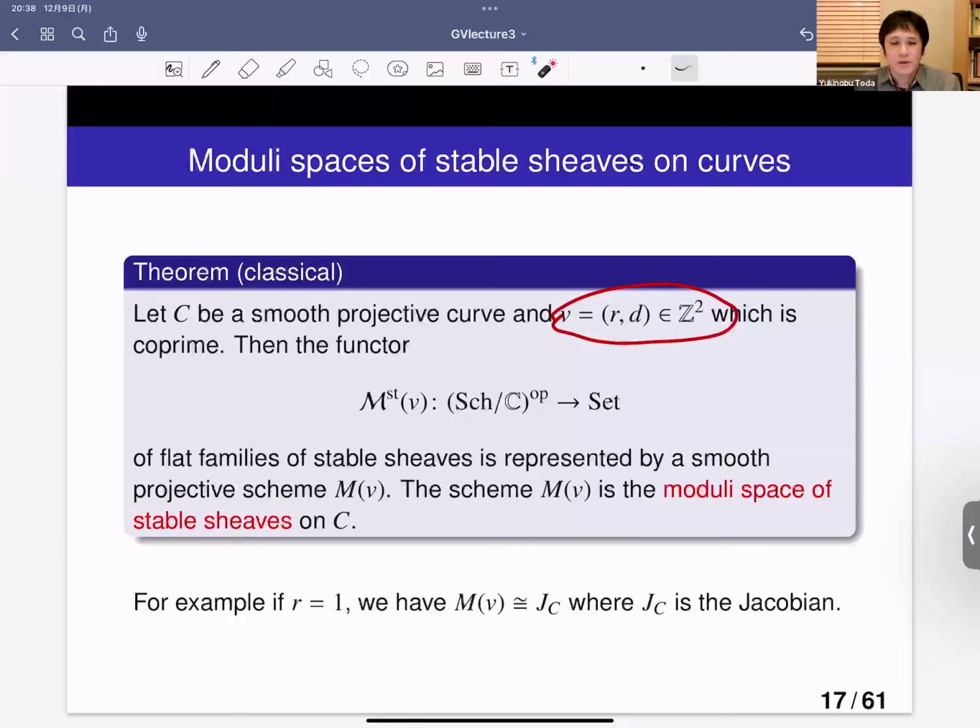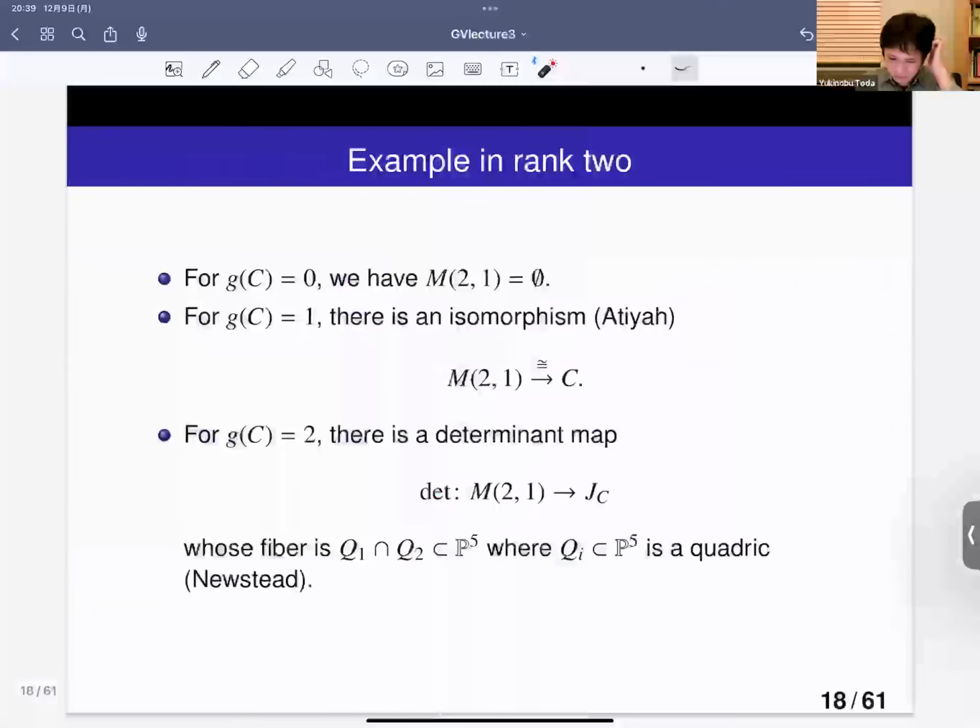And so this is a quite classical object to study. And in fact, when r equals 1, then this is nothing but the Jacobian which I considered. But in the higher rank case, this is a much more interesting example of a moduli space. And this scheme is called the moduli space of stable sheaves on C. So this is interesting even in the rank 2 case.